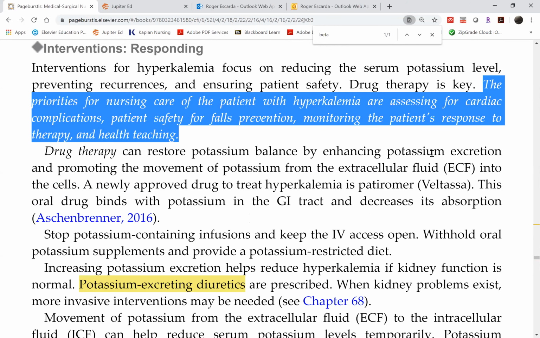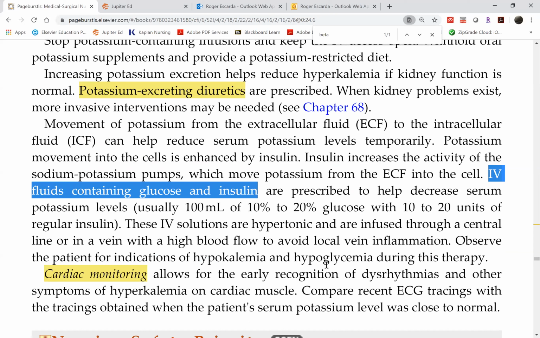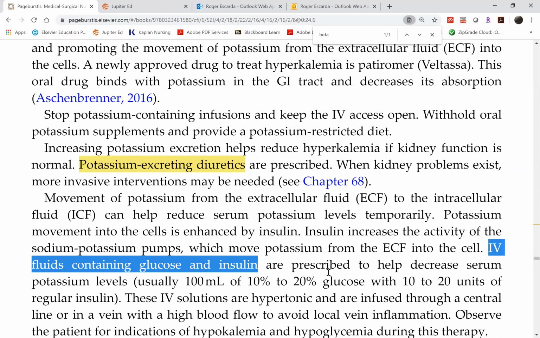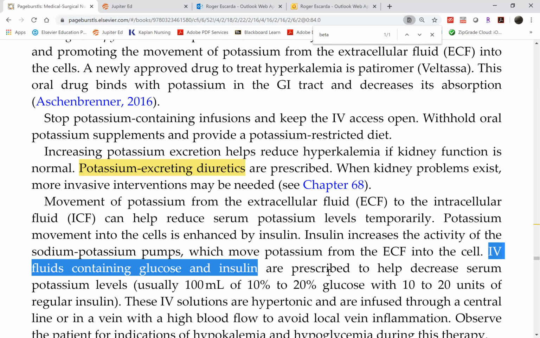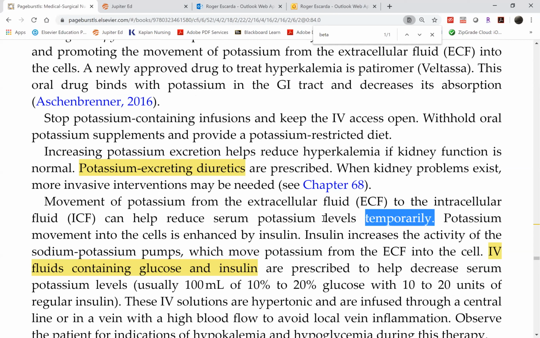In a few minutes, maybe 15, 20 minutes, it already starts because that's the onset of insulin. So your potassium starts dropping. However, remember that this is temporary. It will not be a permanent fix.